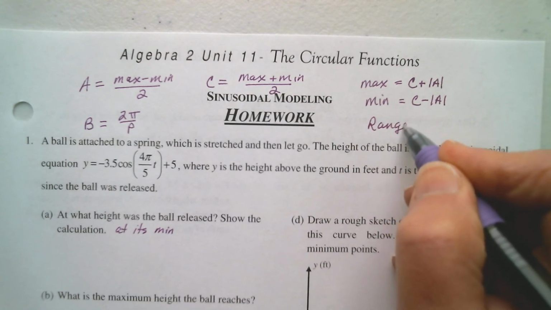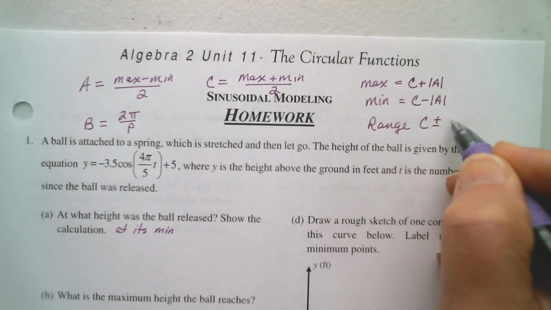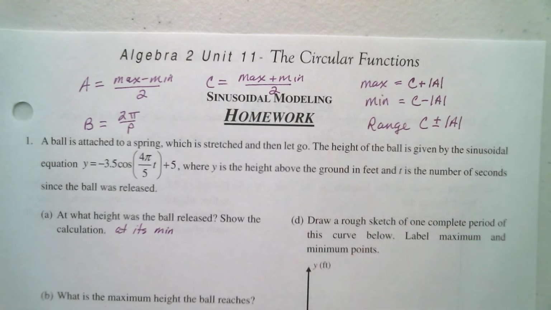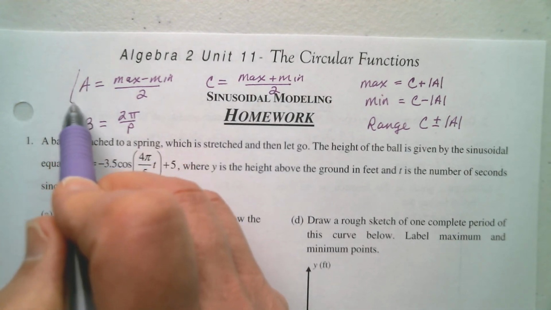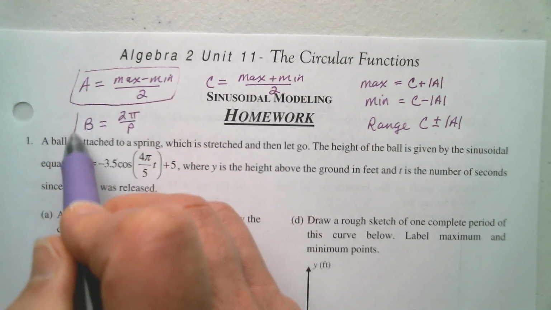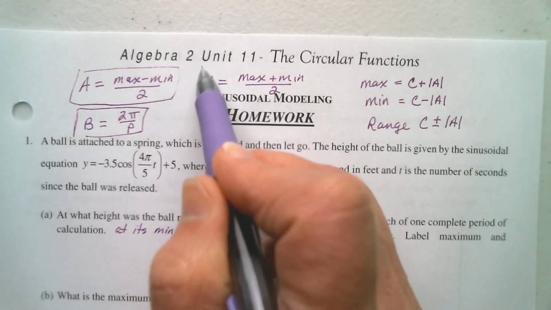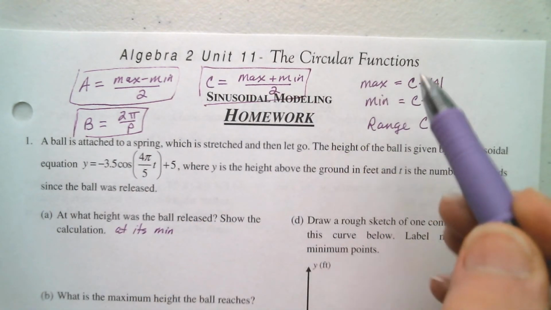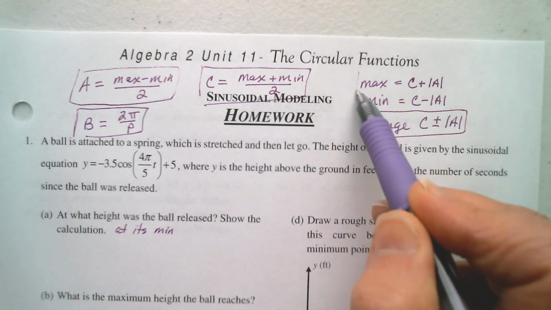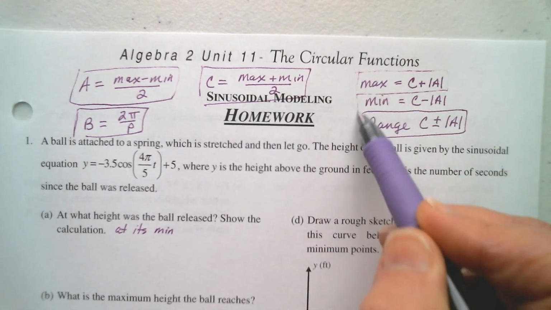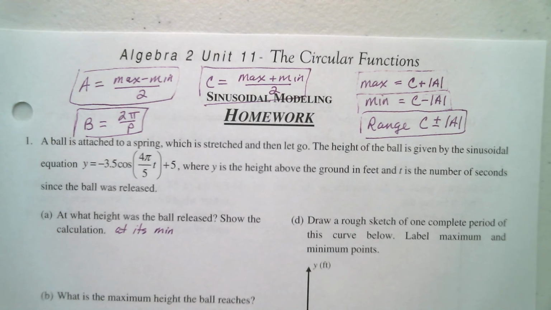If our range is C plus or minus the absolute value of A, then the min is C minus the absolute value of A, and the max C plus. Again, none of these are given to you on a formula sheet, so please make sure you are writing down these formulas each time and then showing the substitutions into them.